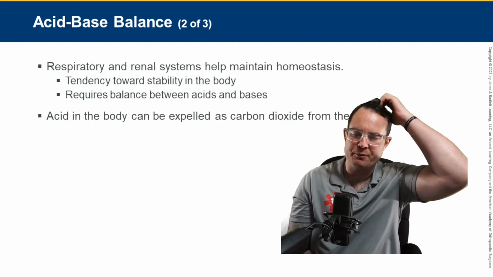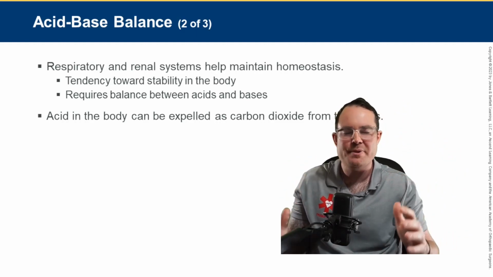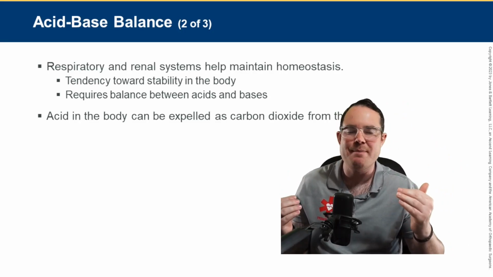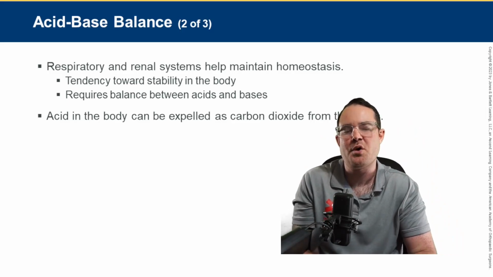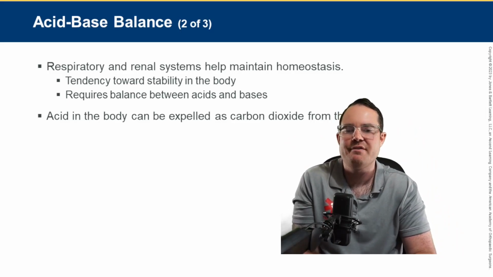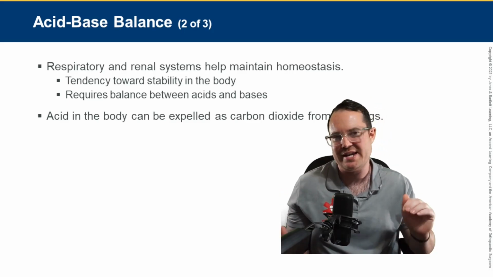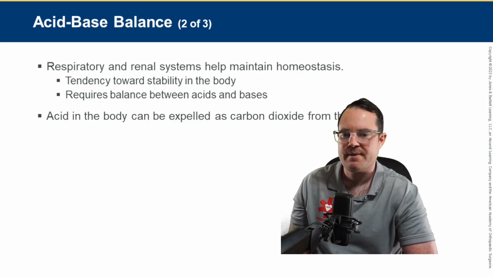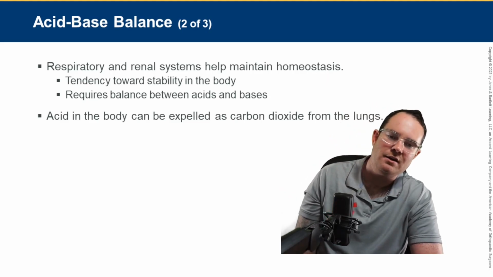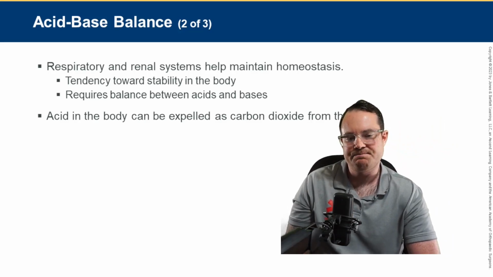It says the respiratory and renal systems work together to maintain homeostasis and try to maintain my pH balance to neutral. Remember, neutral is 7.35 to 7.45, and my body is constantly trying to maintain homeostasis. It's that balance of life. Okay. It says acid in the body can be expelled as carbon dioxide from the lungs.